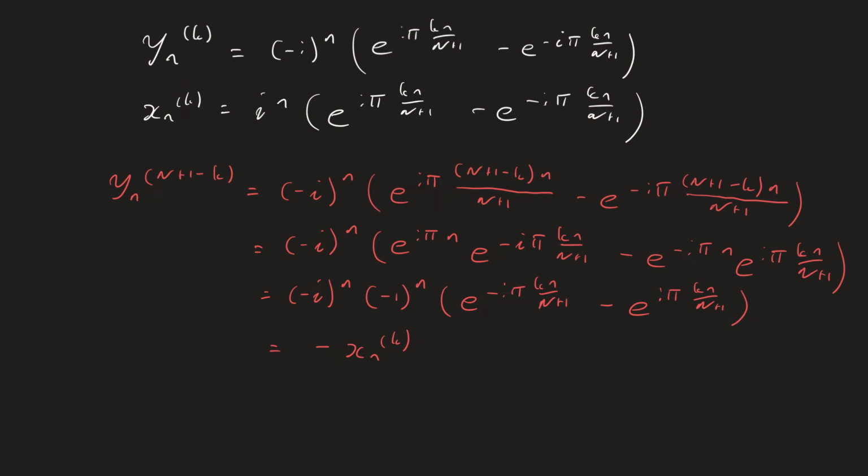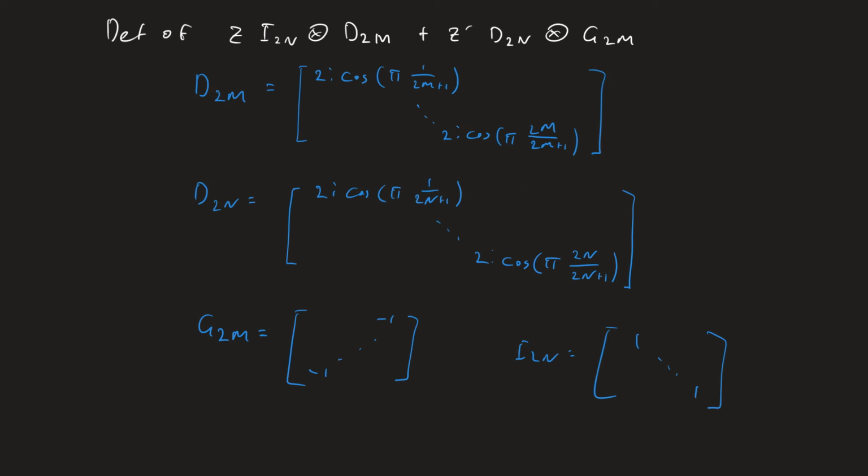This proves the claim on the previous page and allows us to conclude that U Hermitian transpose F U is equal to a matrix with -1s along the antidiagonal. All that remains is to compute the determinant of this matrix here, where I is the identity matrix.